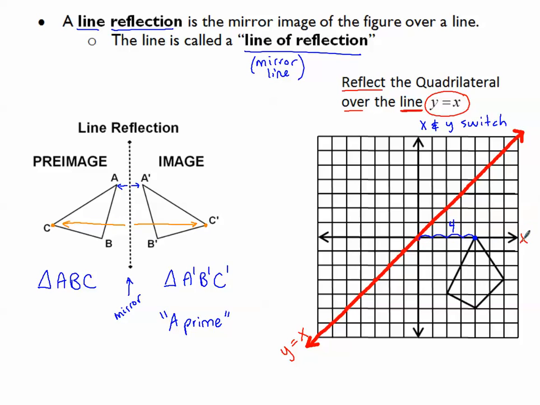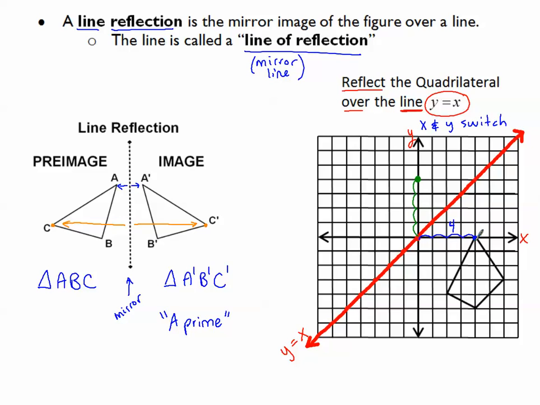This is the x-axis, this is the y-axis. So if I go 4 places in the x direction, switch it to go 4 in the y direction. So that's going to be 1, 2, 3, 4 in the y direction, and that's where I'm going to land for the reflection, the image of this top point of the quadrilateral.